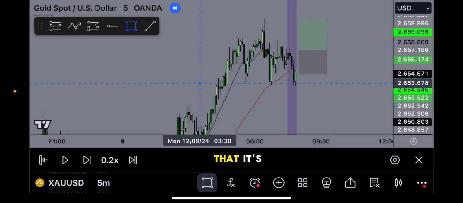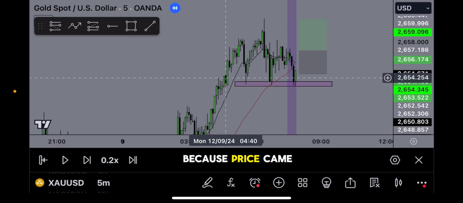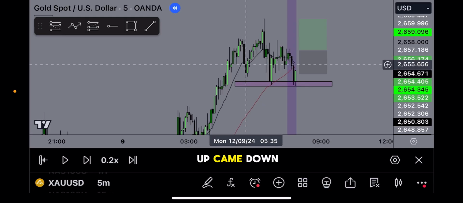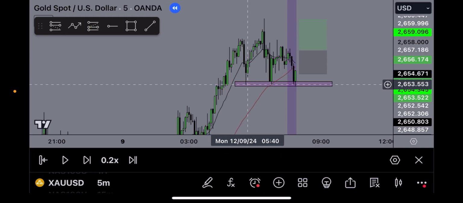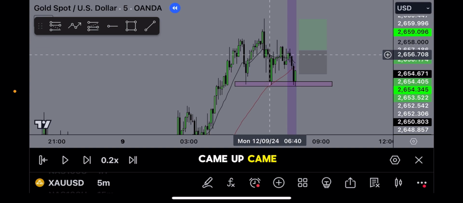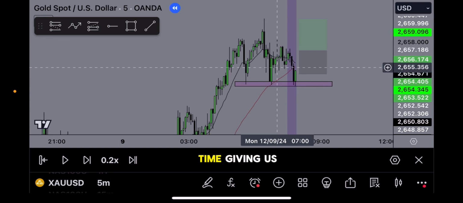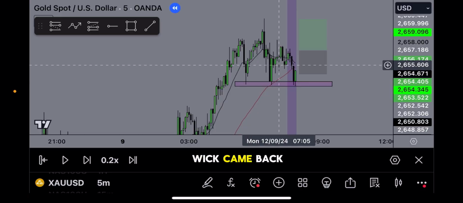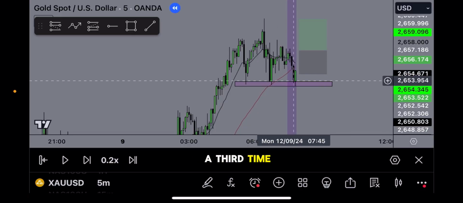So that is a support zone, because price came up, came down, bounced off of it, and gave us a rejection wick. Came up, came back down, bounced off of it a second time, giving us a rejection wick, came back up, came down, and bounced off it a third time.